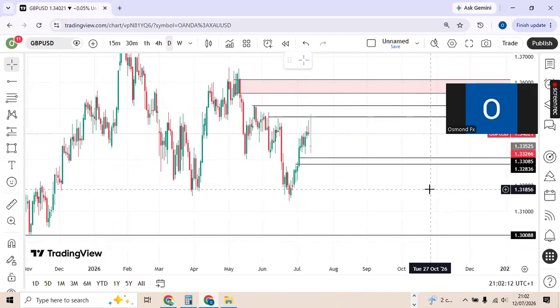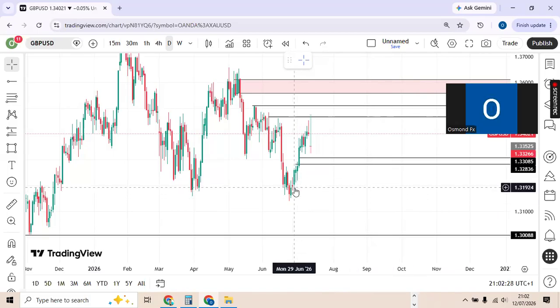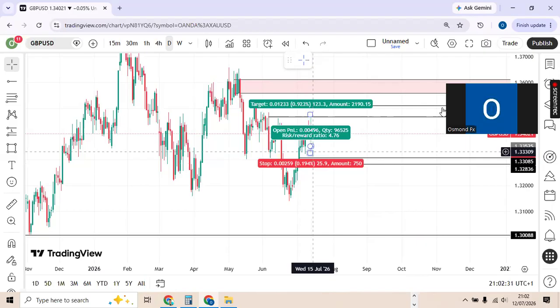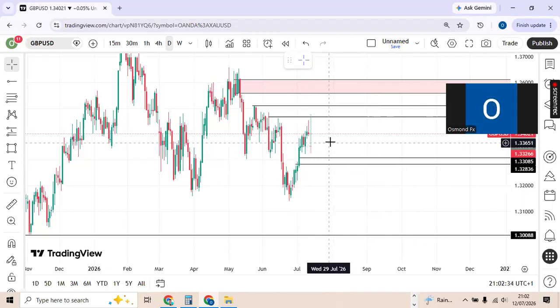But GBPUSD has been very volatile this last week. It was more volatile than the Euro USD, which is why, as you can see, if you pay close attention, the GBPUSD is buying more than the Euro USD.